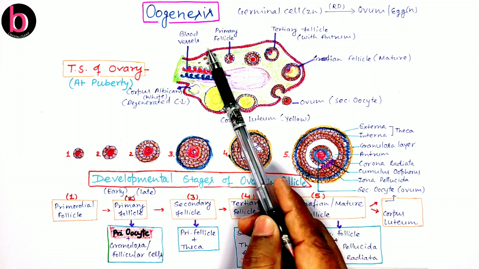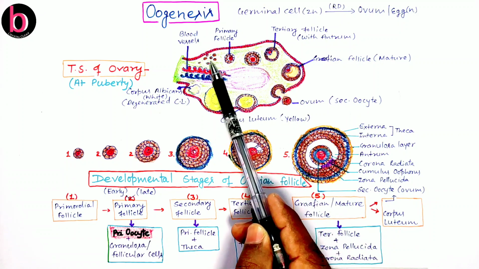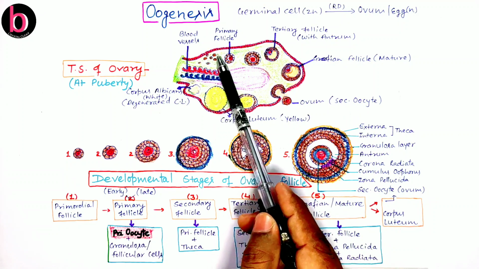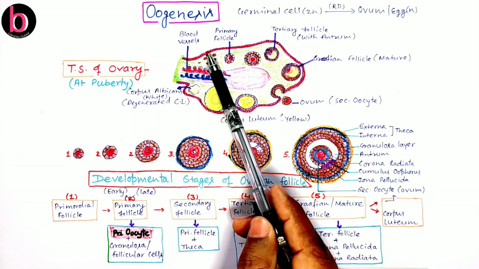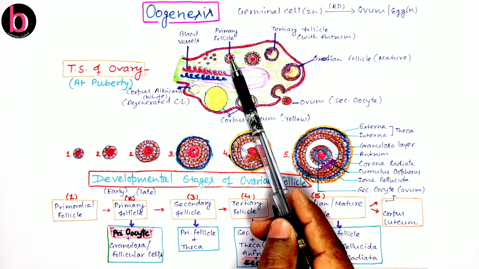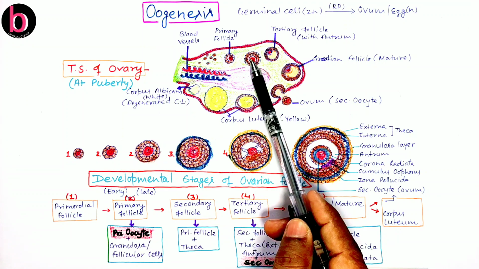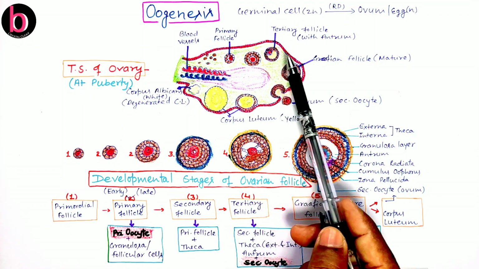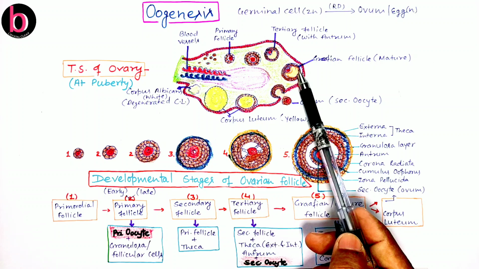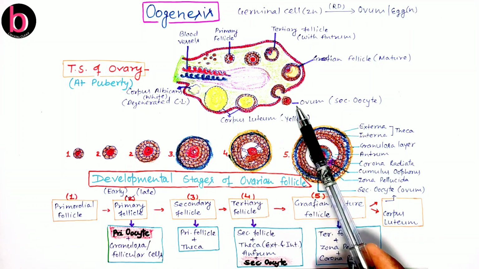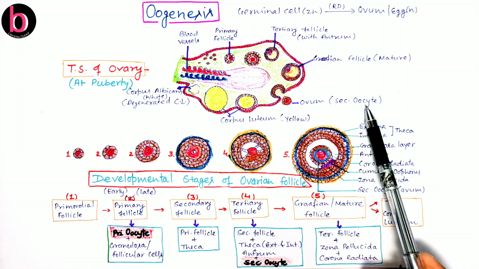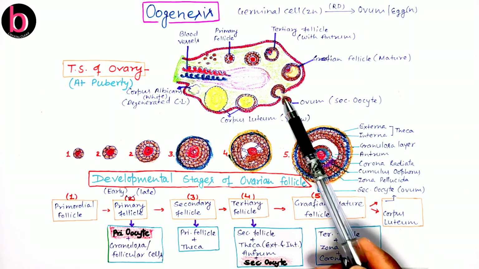Now in this diagram you can see a few cells that are primordial follicles or egg mother cells. From these there will be formation of primary follicles, then secondary follicles, then tertiary follicles, then the Graafian follicle, and when this Graafian follicle ruptures there will be release of the ovum or secondary oocyte.